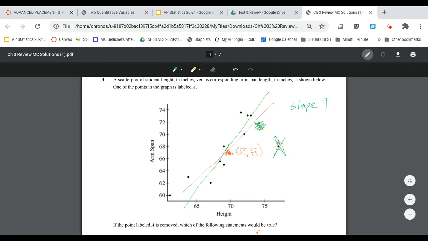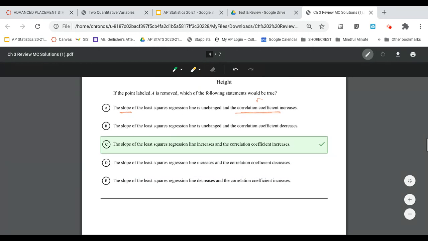And our correlation coefficient, R, well, taking out an outlier always increases the correlation coefficient. Now that green line is a better fit to the points. A was an outlier, so it was always kind of a bad fit, bringing the correlation coefficient down. So slope went up, R went up, and that's why C is your answer.